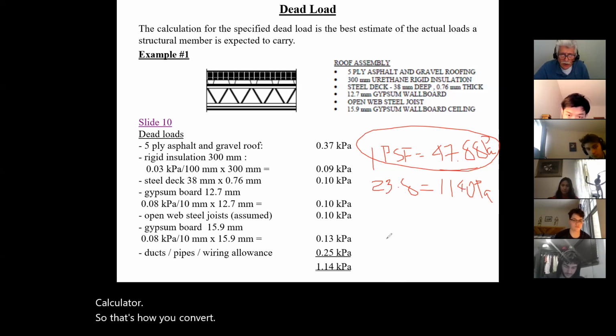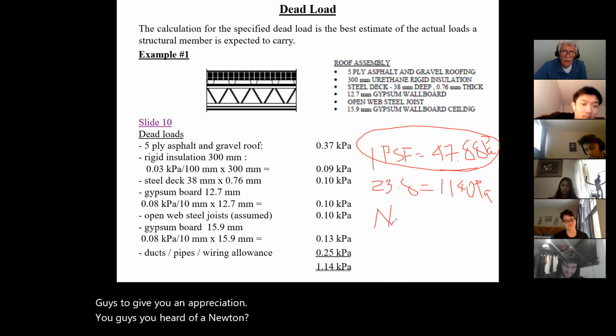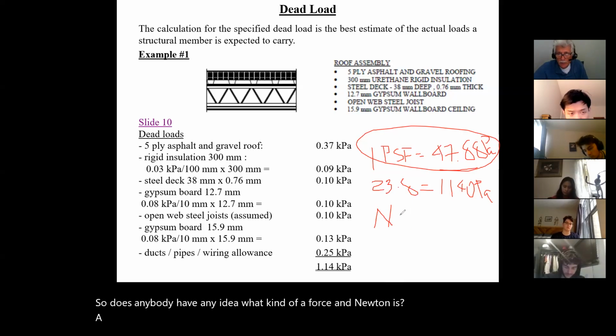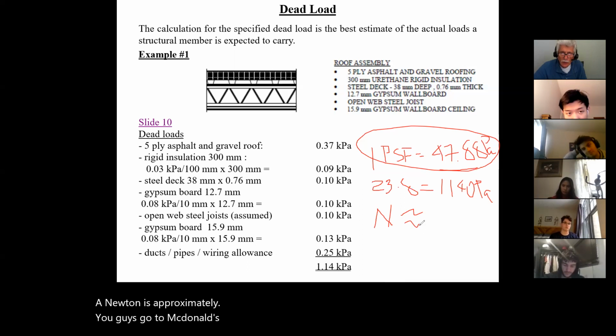Guys, to give you an appreciation, you heard of a Newton? Does anybody have any idea what kind of a force a Newton is? Well, a Newton is approximately, you guys go to McDonald's, do they still sell the quarter pounders at McDonald's?